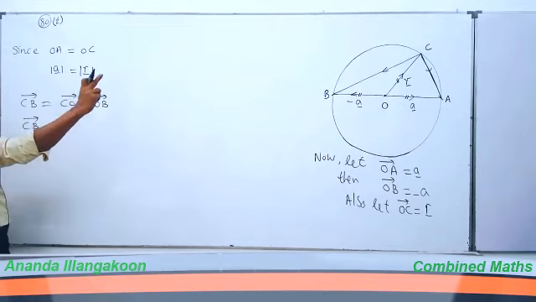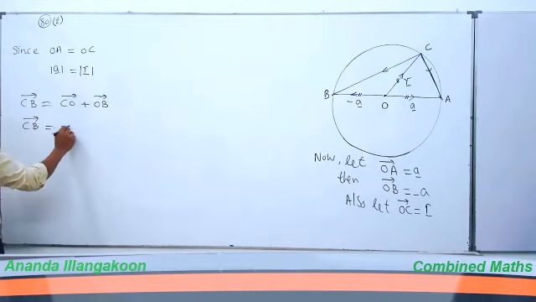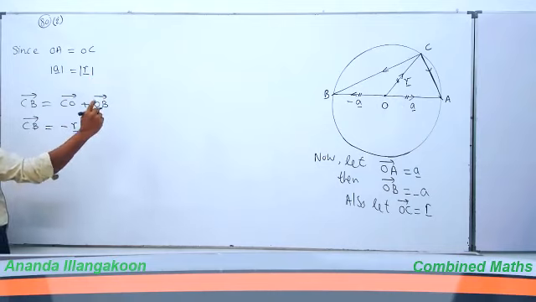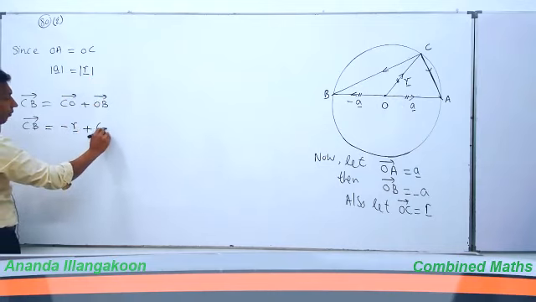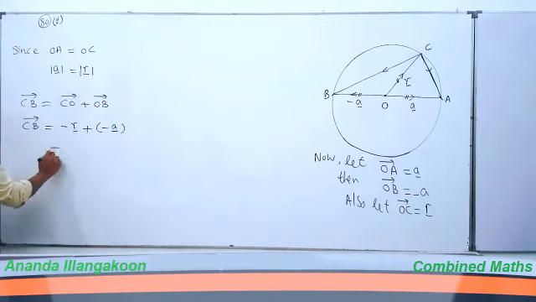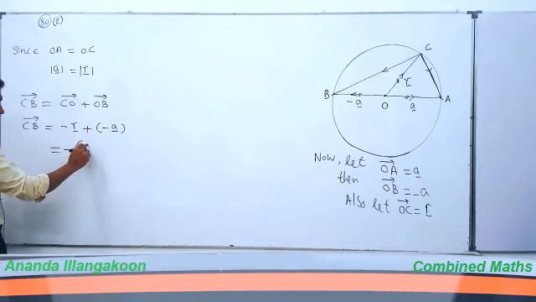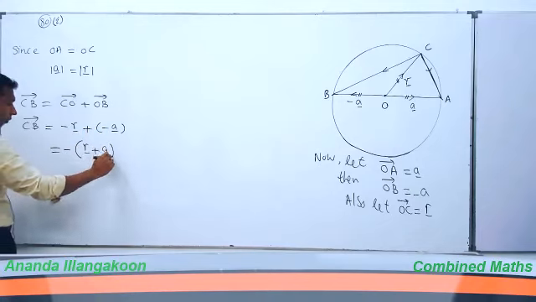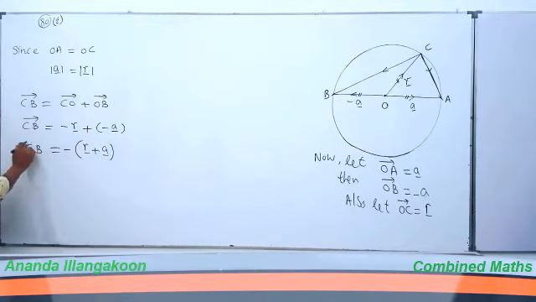What is people CO vector? C to O vector is minus R. O to B vector is minus A. Then we can take the minus sign out, and within the bracket we get R plus A vector. This is CB vector.